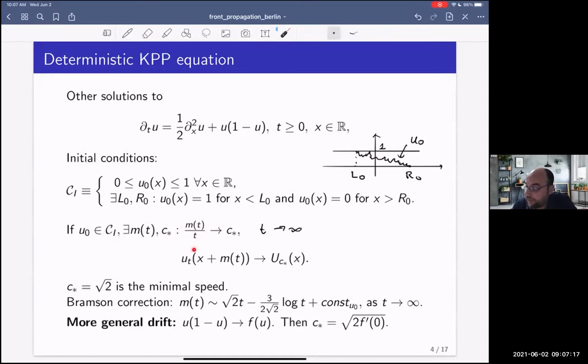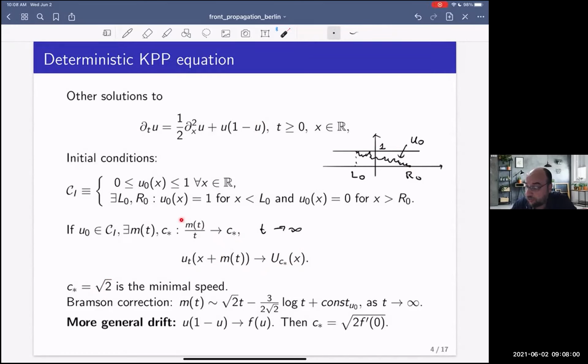And if we look at the solution of this equation, starting from such an initial condition, at the proximity of m(t), which moves to the right with speed c star, then this solution converges, in fact, to the traveling wave solution with speed c star, where c star is square root of 2. It is, in fact, the minimal possible speed of a traveling wave solution for such an equation.